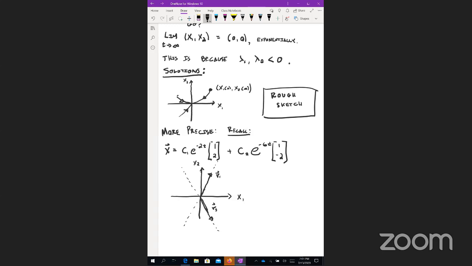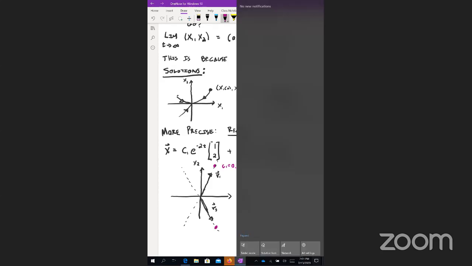And we can ask what happens along these eigenvectors, right? In particular, if C1 is equal to 0, then we're at a point somewhere along this line. Oops, other way around.